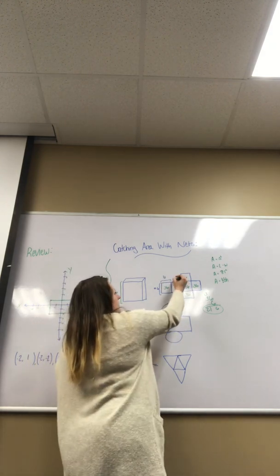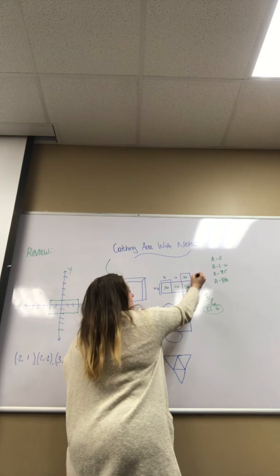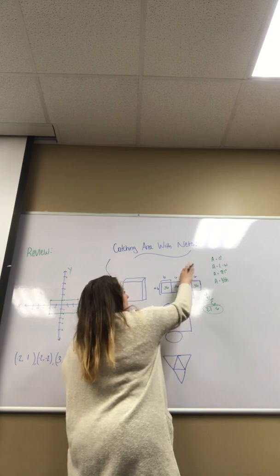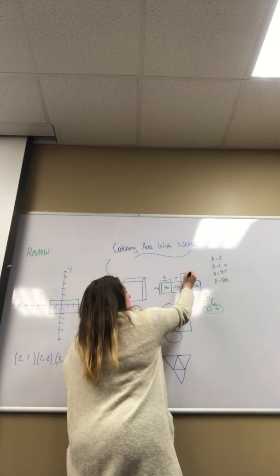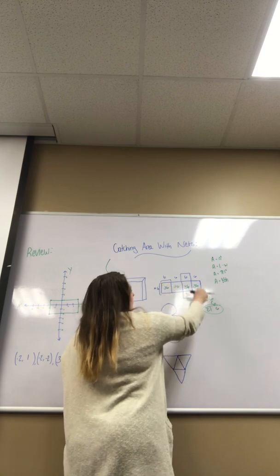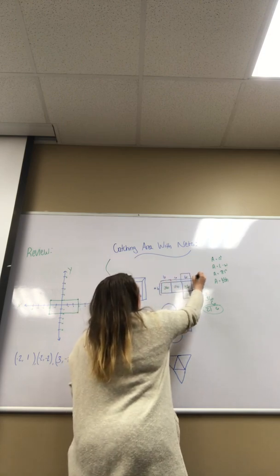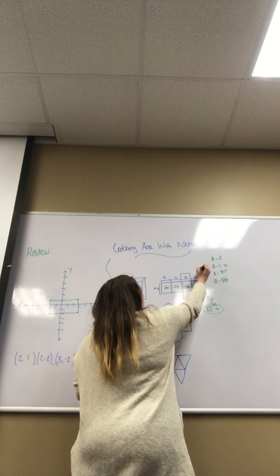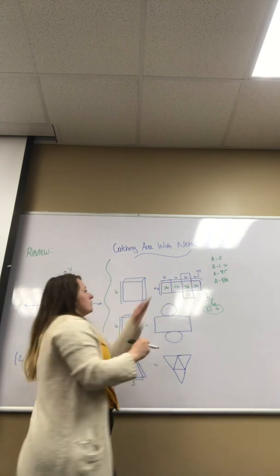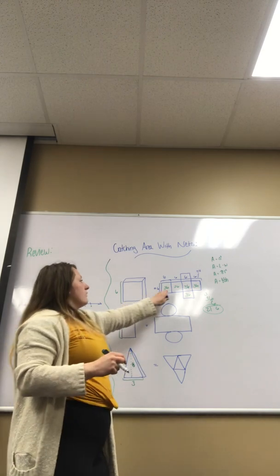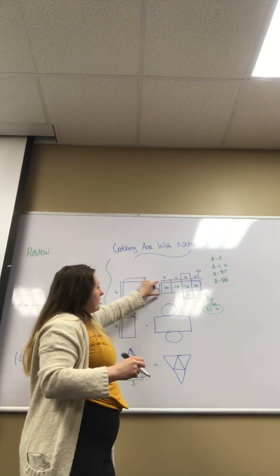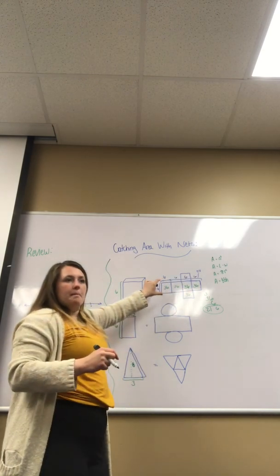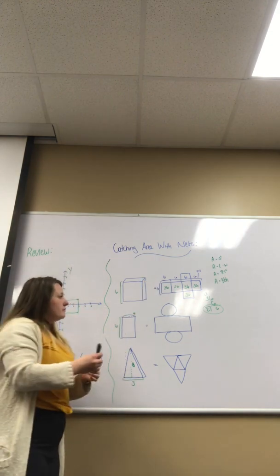So if this is 6, this is 6, this is 6, and this length right here is 6, we know that this long line right here is going to be 24. So we could turn this into a rectangle and do 24 times 6 for this one right in here. Does that make sense? Okay.